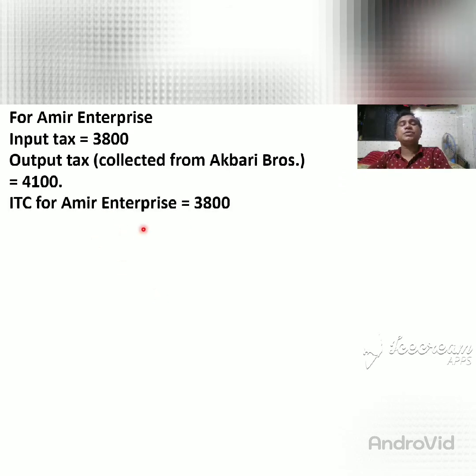So the output tax is 4,100, and the ITC for Amir is 3,800. GST payable is the output tax minus the input tax. Do you understand what I say? 4,100 minus 3,800 leaves 300. So GST payable is 300.